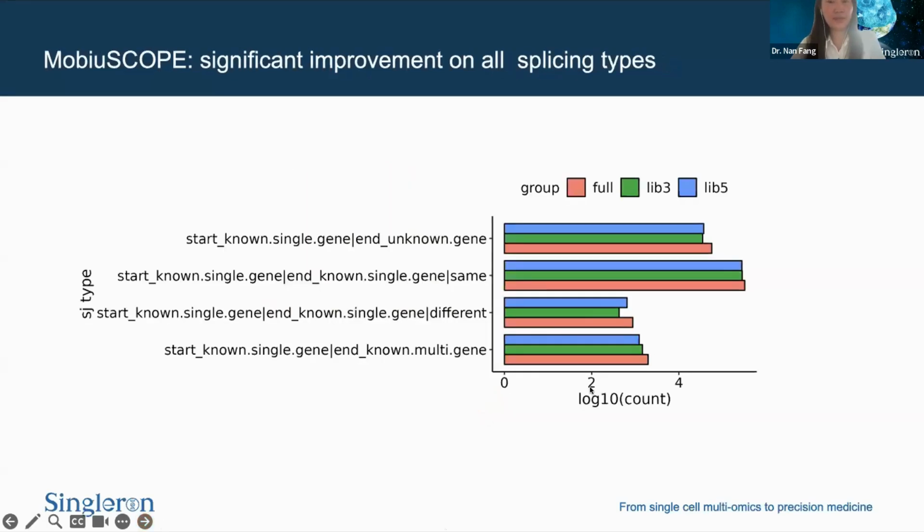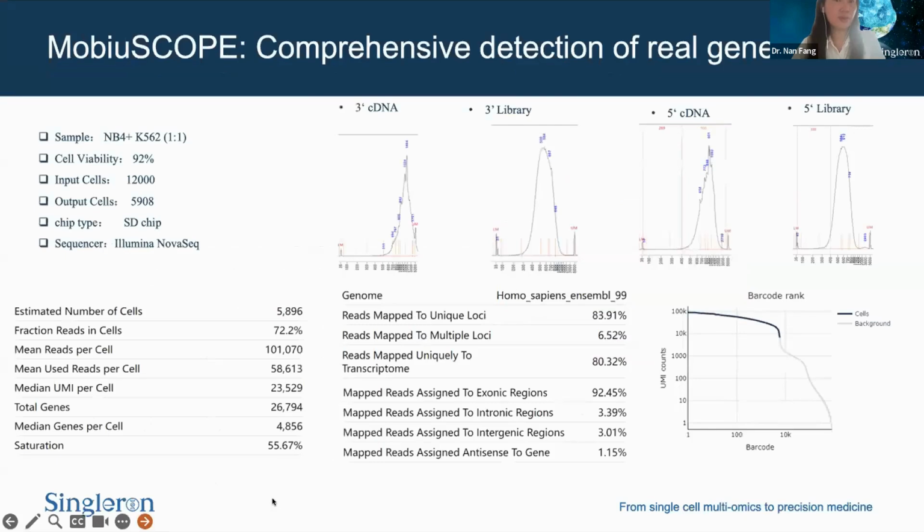And here is to show that with the MobiuSCOPE method, we also detect different types of splice junctions. From all 4 typical types of splice junctions, we detect more of them with the MobiuSCOPE method.